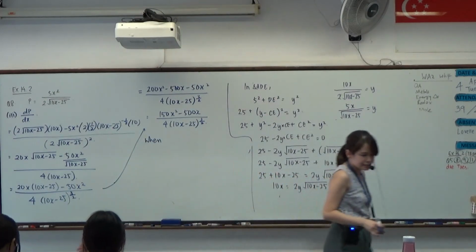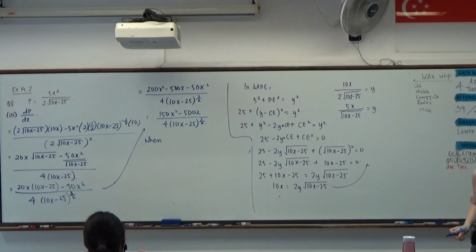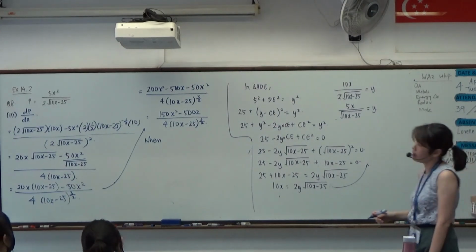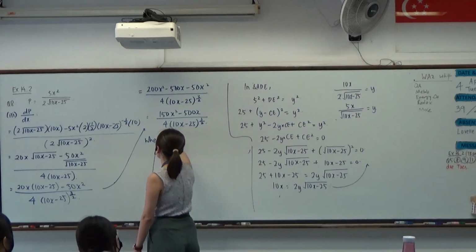Because the question is asking for when our p is a minimum, dp over dx must be equal to 0.